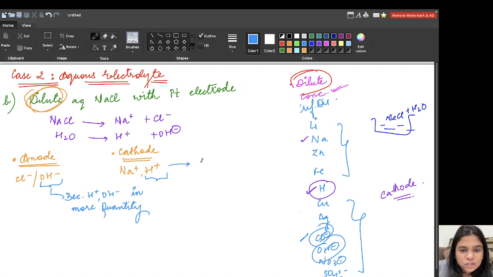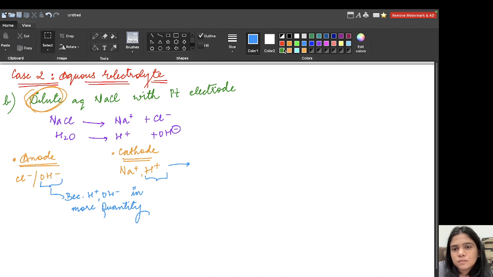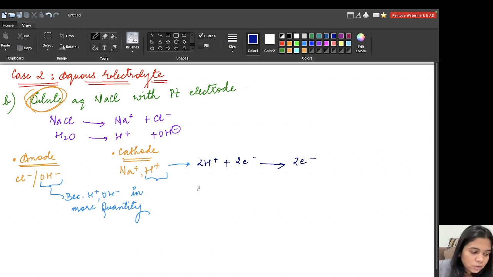I'll just remove this preferential theory because now it's not important, because you are taking dilute things. The H plus reaction will look like 2H plus plus 2 electrons giving you H2 here. Like in the cathode your reduction happens, right? Reduction is gain of electrons.